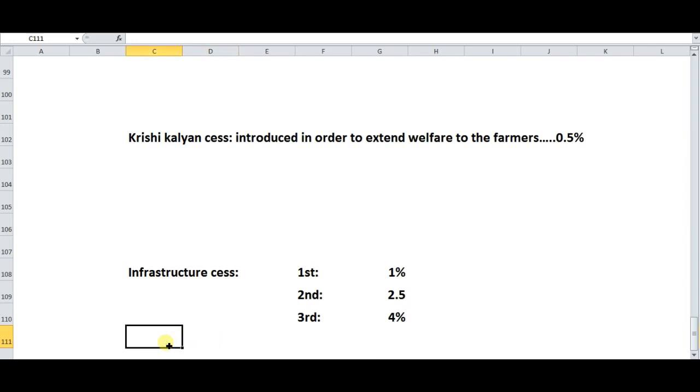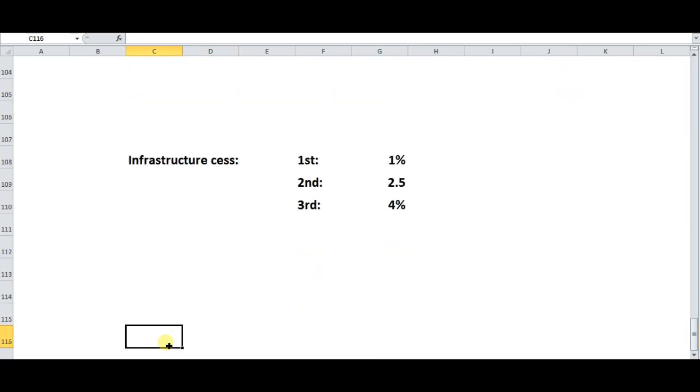So, like the way, we have other taxes like professional tax, municipal tax, entertainment tax, stamp duty, registration fees, gift tax, toll tax, and I think dividend tax.